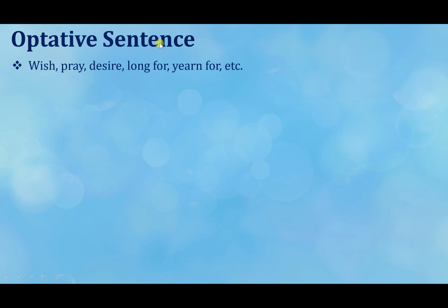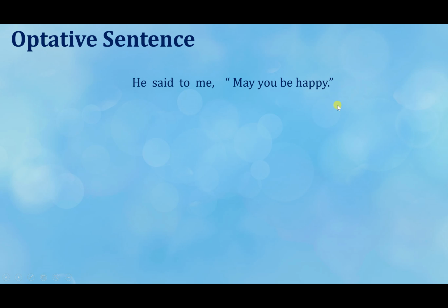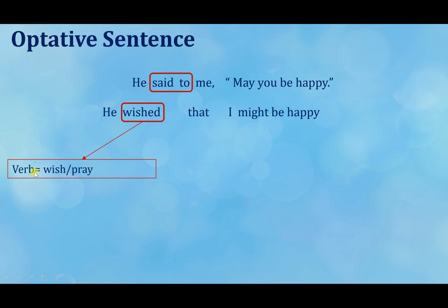Now optative sentence. Optative sentence indicates wish, pray, desire, long for, yearn for, etc. For example, he said to me, may you be happy. He wished that I might be happy. So follow the changes. For said to, we have used wished, like verb wish or pray.